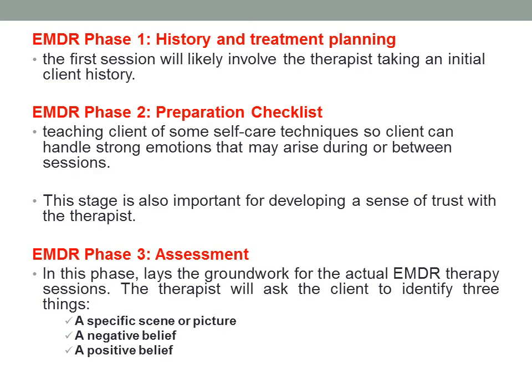In this stage, the client will also be asked to describe the disturbing emotion that the client feels while focusing on the visual image and rate its intensity on the 11-point Subjective Units of Disturbance, SUD, scale, where 0 means the emotion is not distressing at all, and 10 means it is the worst feeling the client has ever had.